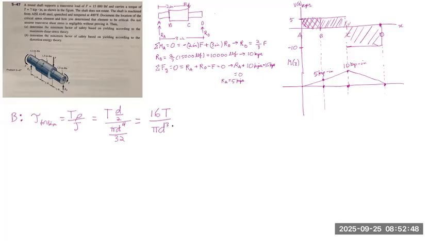If we plug in 1.1 inch for D, we get 16 times 7 kip-inch over pi times 1.1 inch cubed.